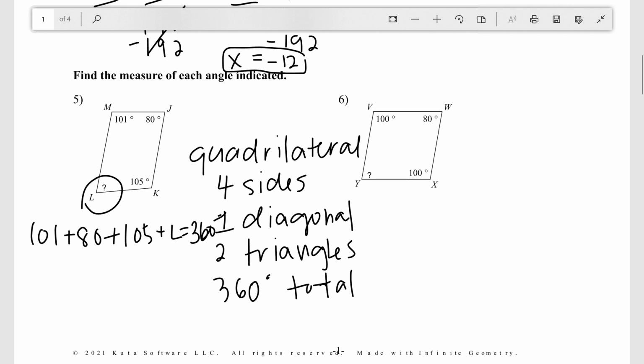Now, just like any other equation, we're going to combine all of my like terms here. 101, 80, and 105 do not have variables, so we are going to combine those. When I combine those 3 numbers, I get a total of 286. If I added it to my angle L, that will equal 360. Okay. In this case now, I want to isolate my L, so I'm going to subtract out 286 on both sides.